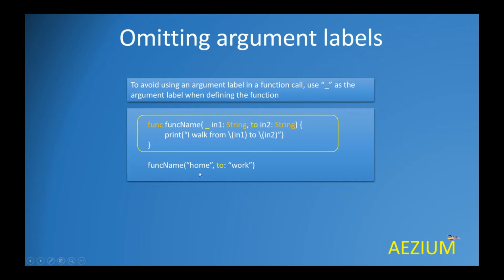So at the time of function call, I avoid using an argument label for the first input that I'm passing to this function. But I'm still using the argument label as usual for the second input parameter, which has a normal argument label.